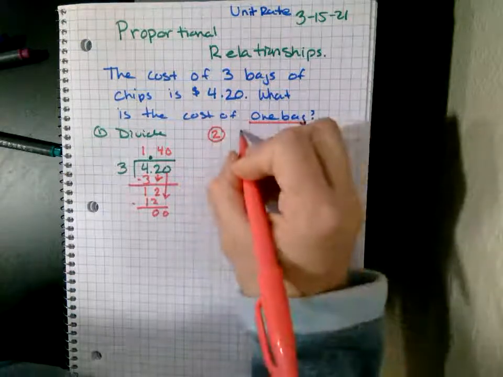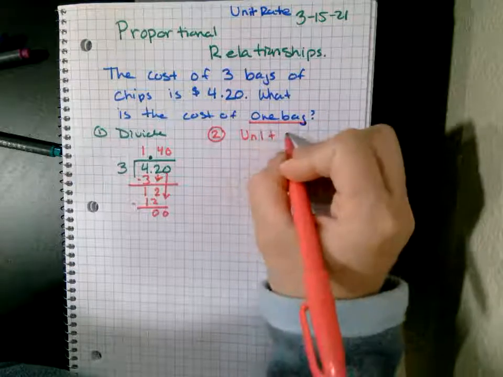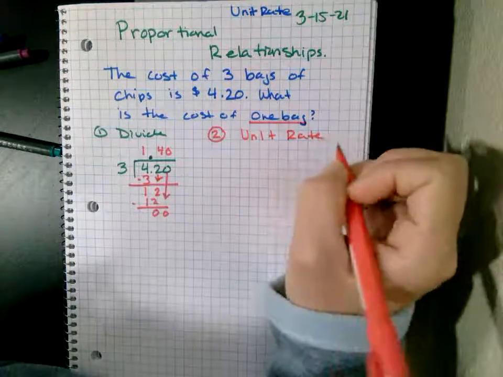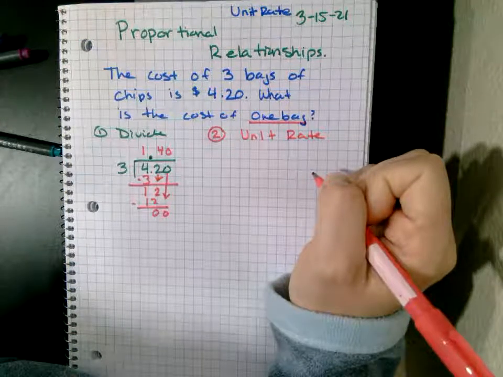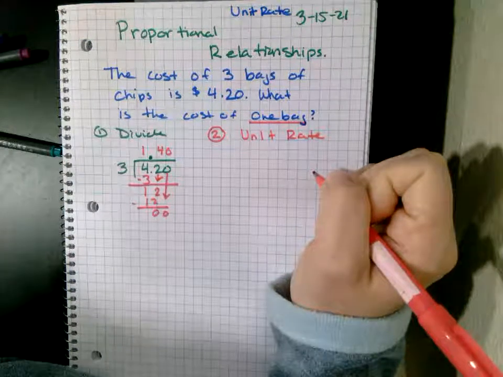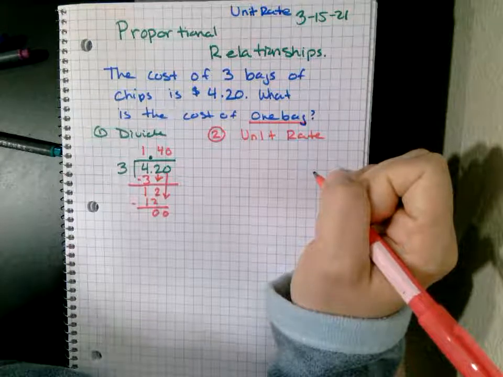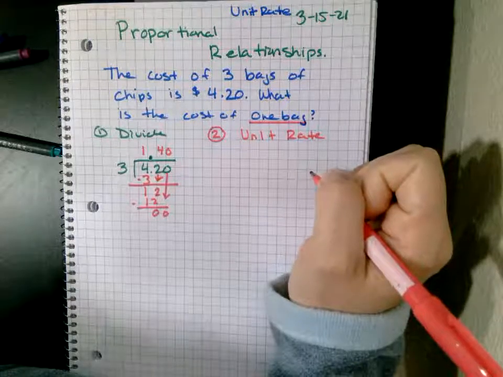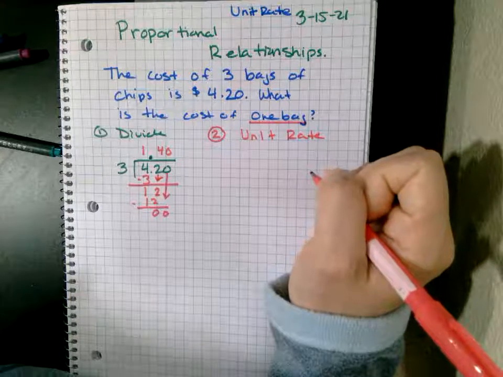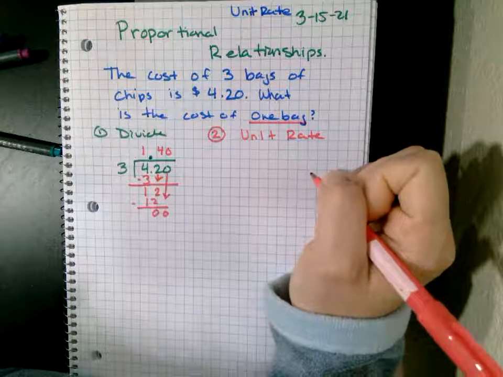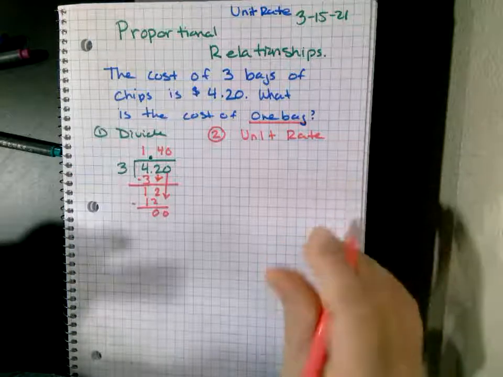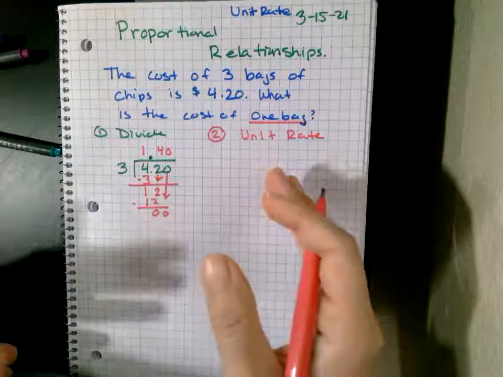This is what we call the unit rate. Have you guys heard of unit rate in 6th grade? Did you guys do unit rate in 6th grade? Anyone? Oh, bad. Okay, so unit rate is when you find one of something, okay?